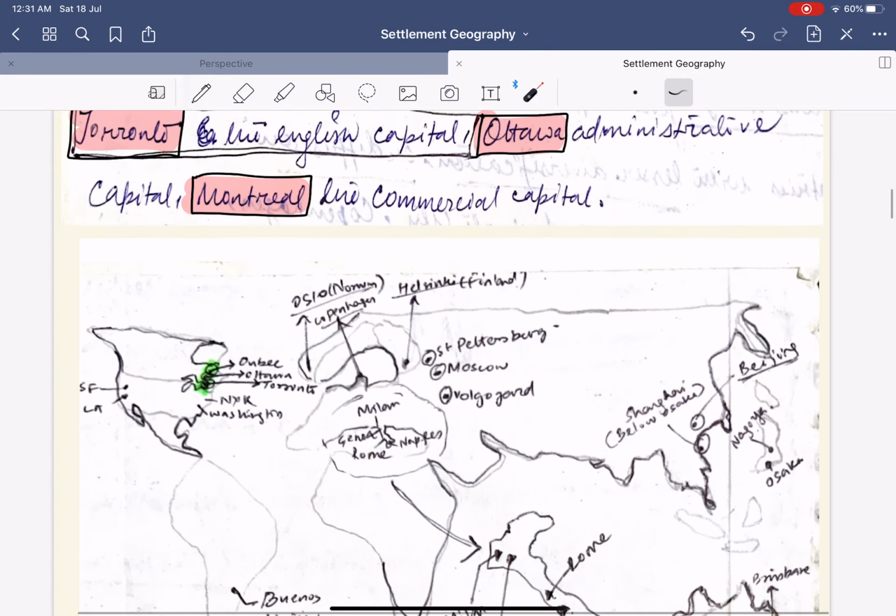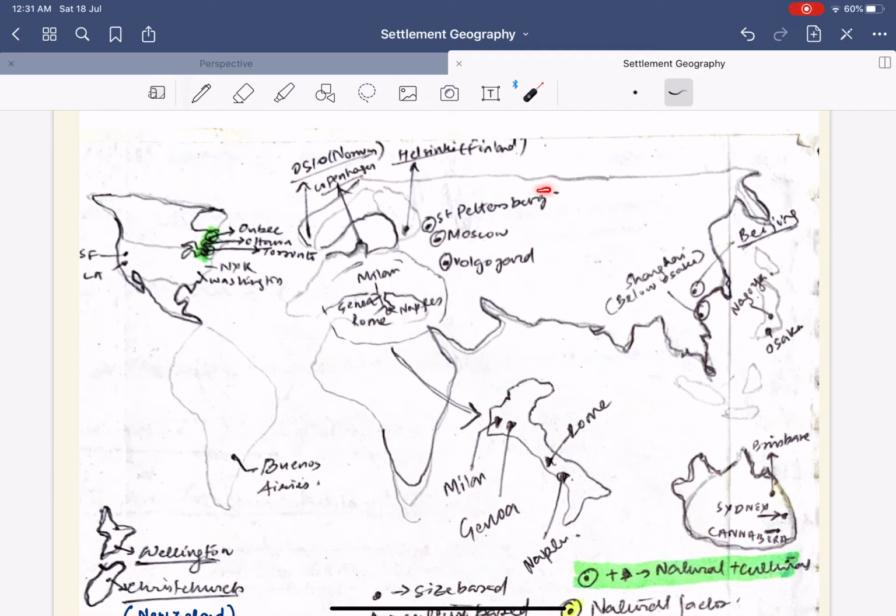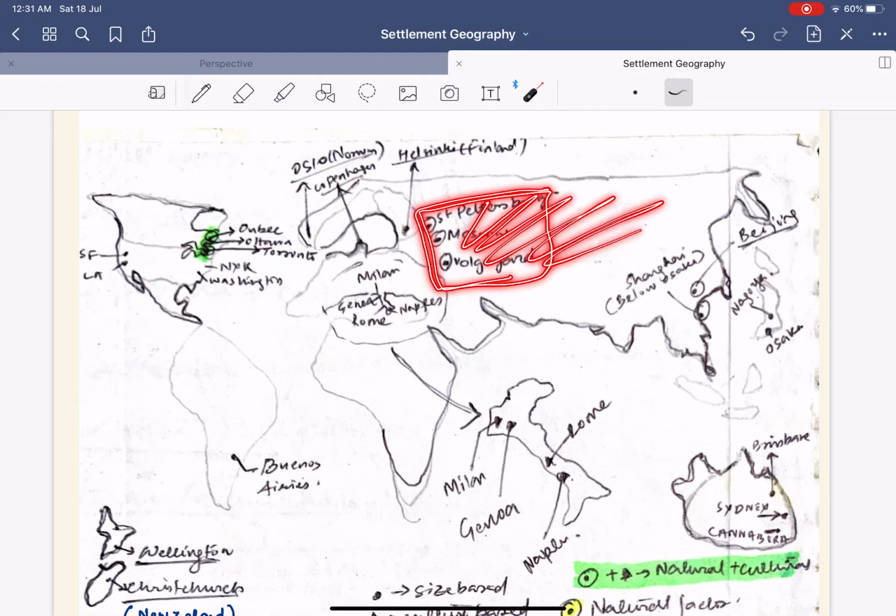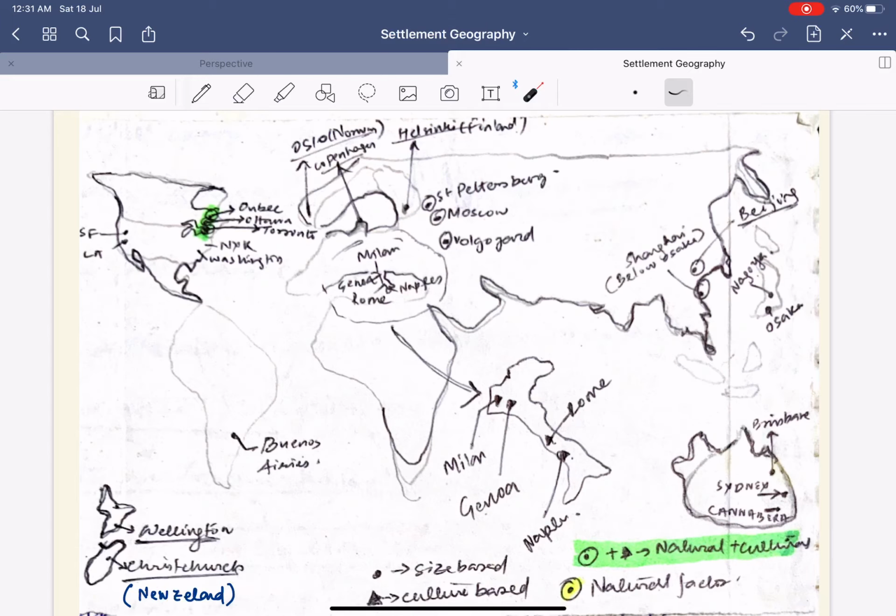I can show you in the diagram itself. See, these are all located on the western side because this entire part is nothing but the Siberian area, and that is a very cold area. Similarly, you can look at the Brazil side. I haven't drawn Brazil over here, but Rio de Janeiro and Sao Paulo are all located over here because most of the areas over here are completely covered by tropical rainforest. Simple.